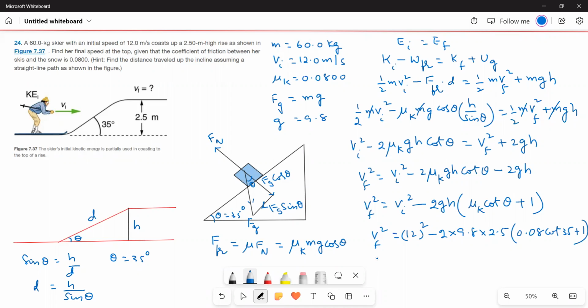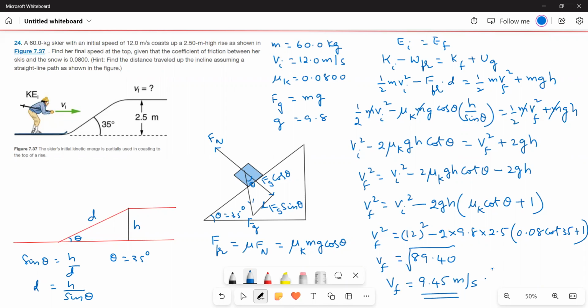After inputting the values in the calculator, I get this as 89.40. Or vf is equal to the square root of 89.40. Therefore, vf is equal to 9.45 meters per second.